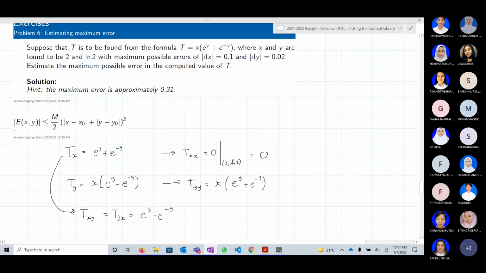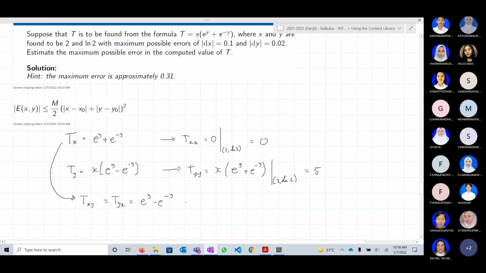we have 0, and this guy, if we evaluate at 2 comma ln 2, we have 2 times 2 minus 2 plus half. This is 5, I think. 2 plus half, yeah, 5 over 2.